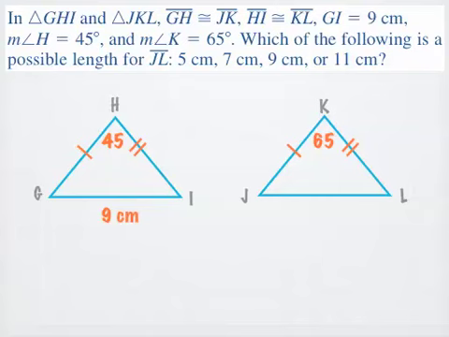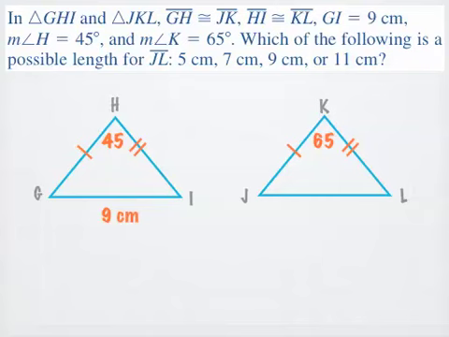Notice JL is opposite of angle K, which measures 65 degrees, and your 9 centimeter side is opposite the 45 degree angle. If you look at the choices that they've given you, we have 5, 7, 9, or 11. 45 degrees is less than 65 degrees, which means that the side opposite of your 45 degree angle, 9 centimeters, needs to be less than the measure of JL, which is opposite of your 65 degree angle.